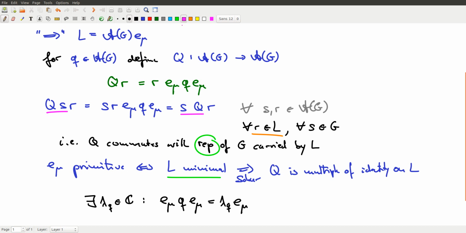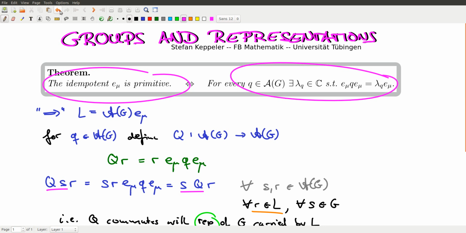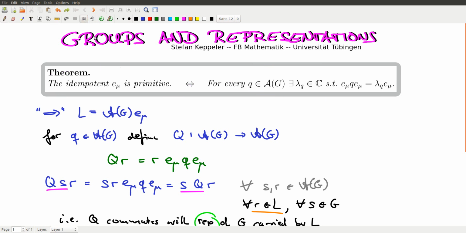Right multiplication with e mu q e mu is the same as right multiplication with the multiple of e mu. So we showed the first part of this. The left-hand side implies the right-hand side. What about the other direction?